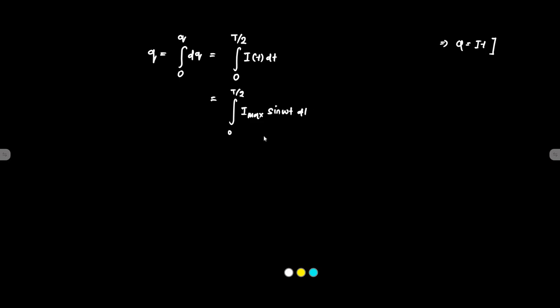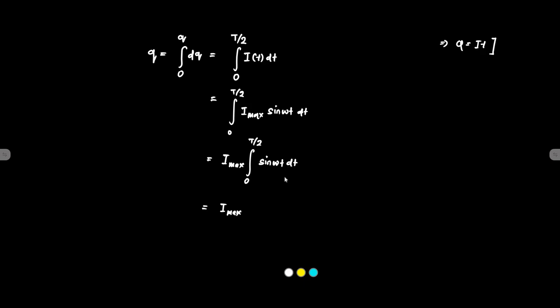I max is constant, so I max goes outside: I max times the integration from 0 to T by 2 of sine omega t dt, where omega is constant because we are integrating with respect to time.